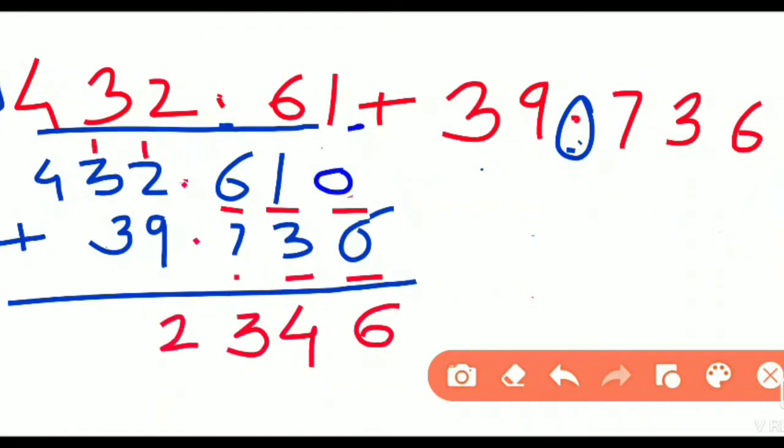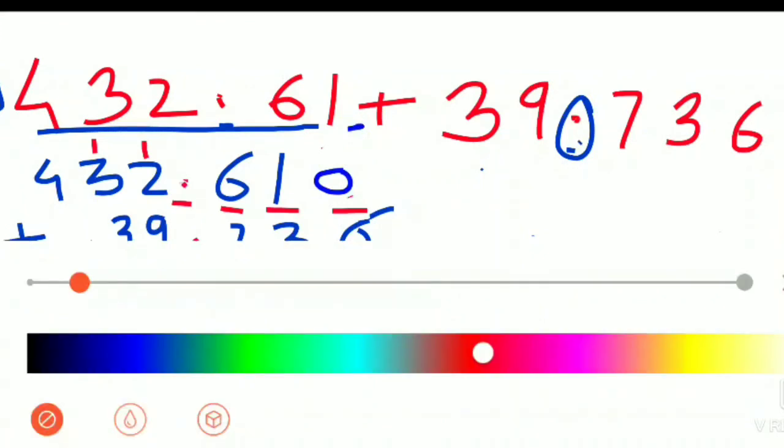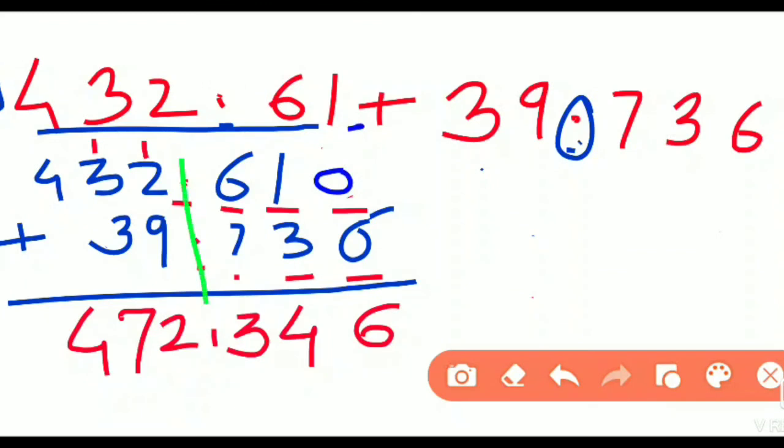Here again 1 carry. 3 plus 3 is 6, and 6 plus 1 is equal to 7, and this is the 4. And this point, and in the answer also, below the point, a point we have to give. Okay, so here it is the point, and this is my point. I showed it with the green color.